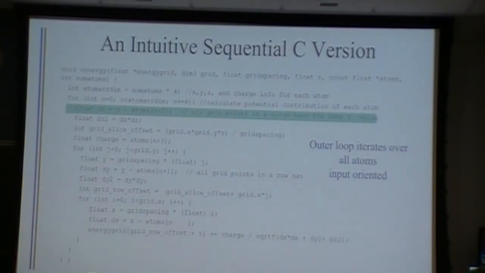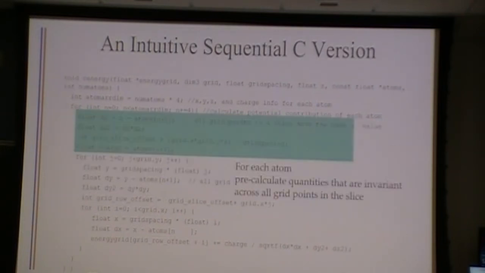We're always in the same z slice, so no matter which x and y output coordinate we're looking at, it's always the same z coordinate. So we don't need to recompute that every time. Likewise, as we go through x coordinates, the y coordinate is always the same. But anyway, it's this input-oriented loop over all the atoms.